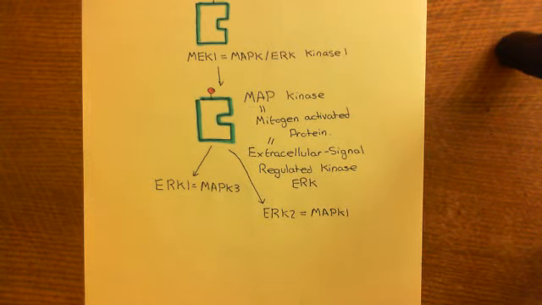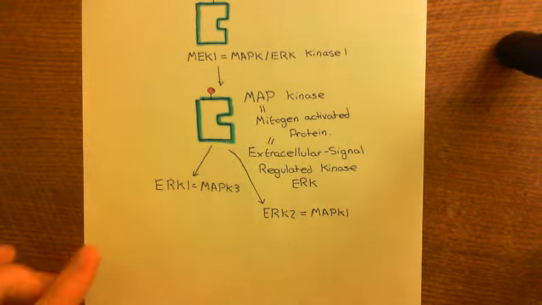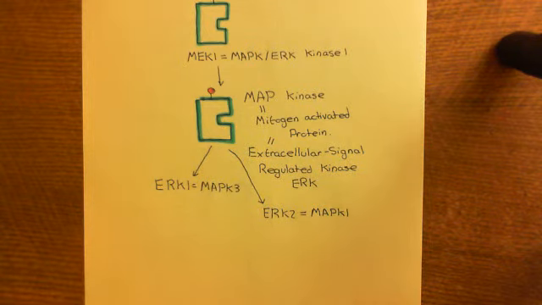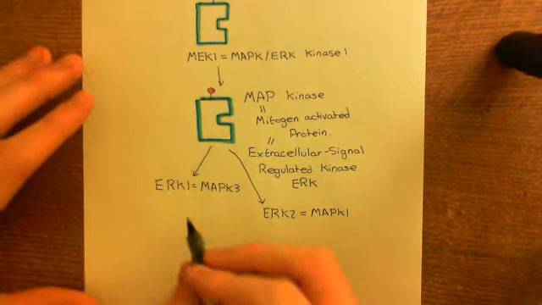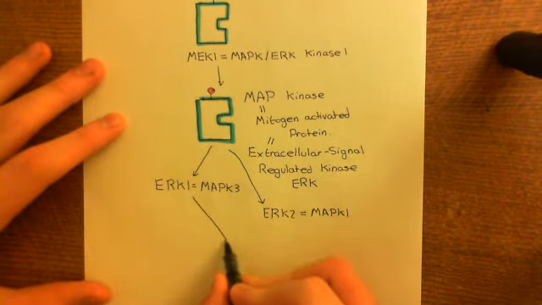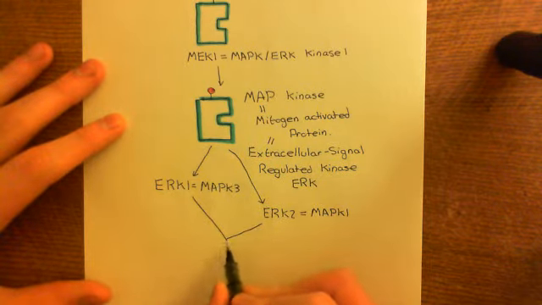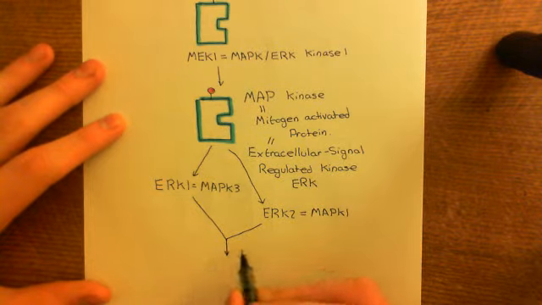These both go on to phosphorylate certain transcription factors. When they've been activated, they will go into the nucleus of the endothelial cell and phosphorylate certain transcription factors. So in come these enzymes into the nucleus of the cell.